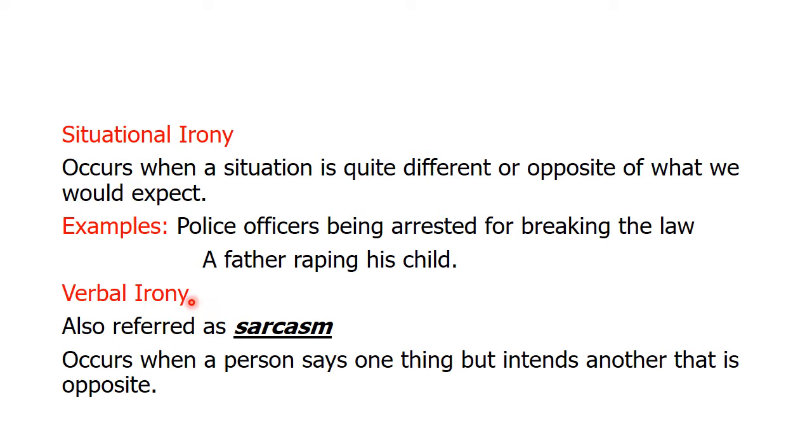The second type of irony is verbal irony. Verbal irony is also referred to as sarcasm. It occurs when a person says one thing but intends another that is opposite.